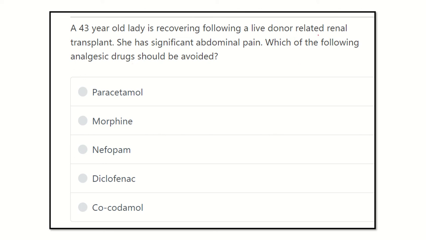Here we can see a renal transplant, that means she has been given a kidney from a donor, and after that she developed significant abdominal pain.